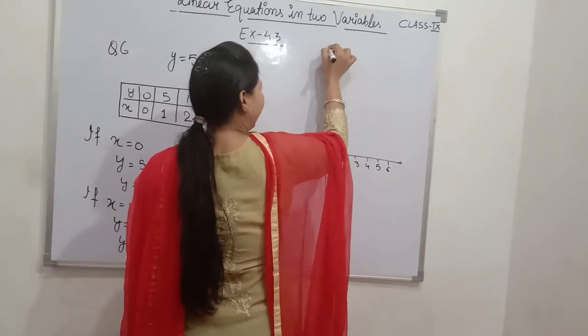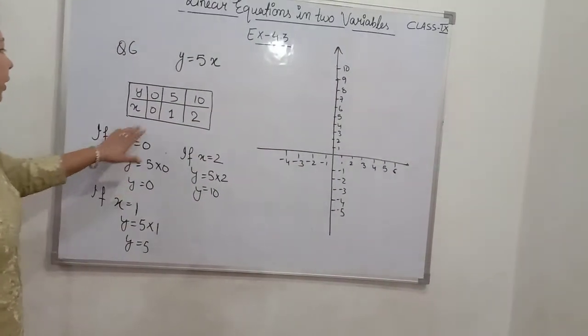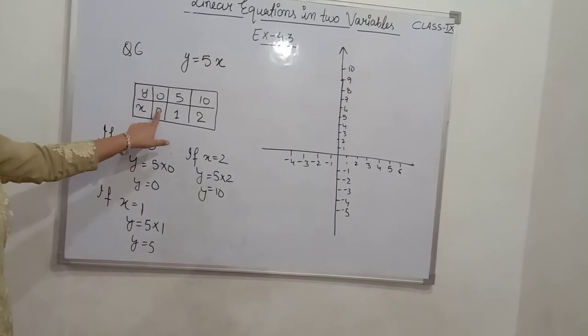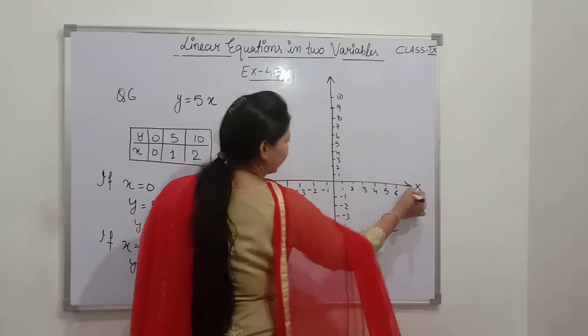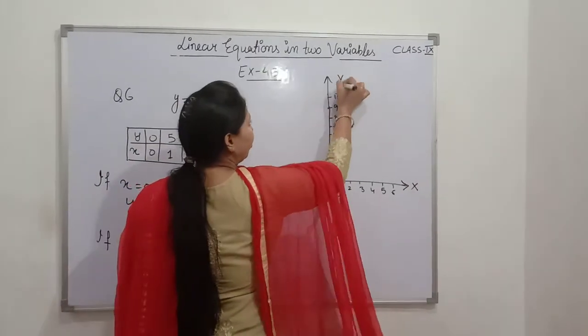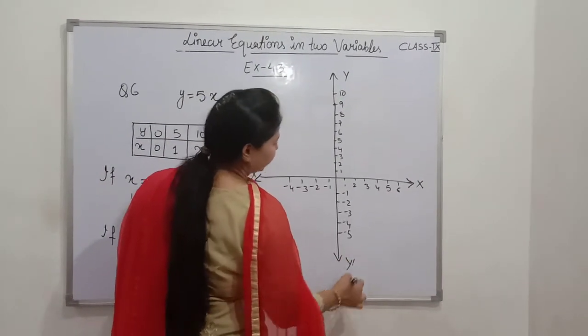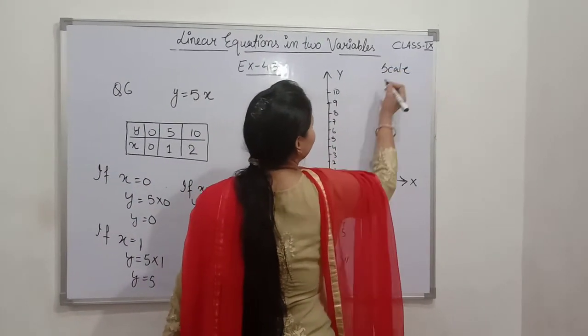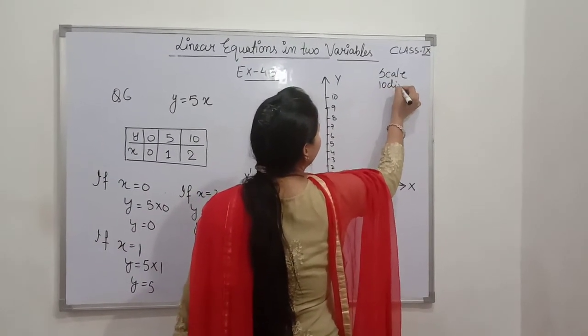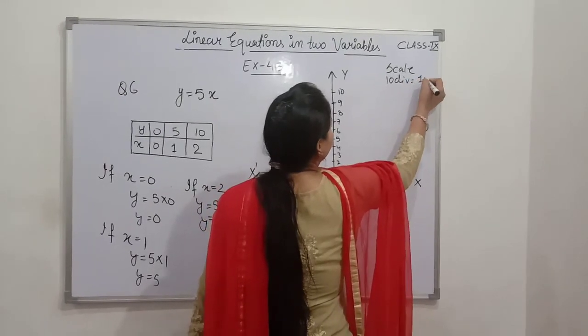Because we have 10. So now here 0, 0. First point I have to plot is 0, 0. You can write like this, x dash, y, this is y dash. And write the scale here also. What is your scale? Scale is equals to 10 division is equals to 1 unit.